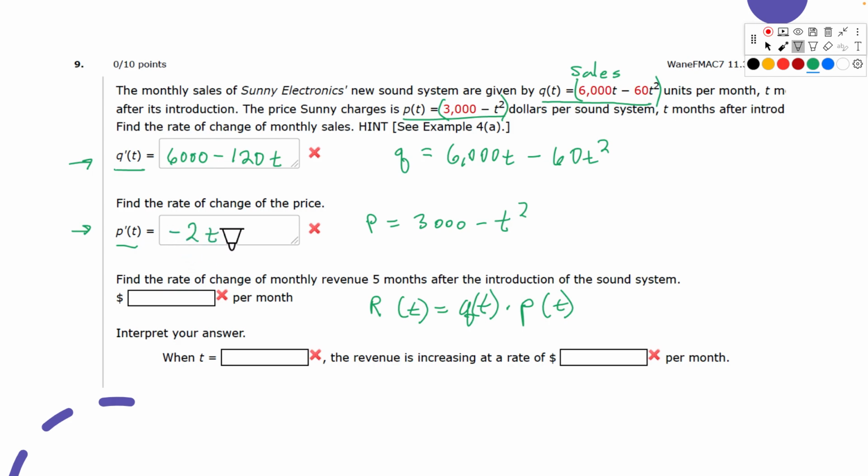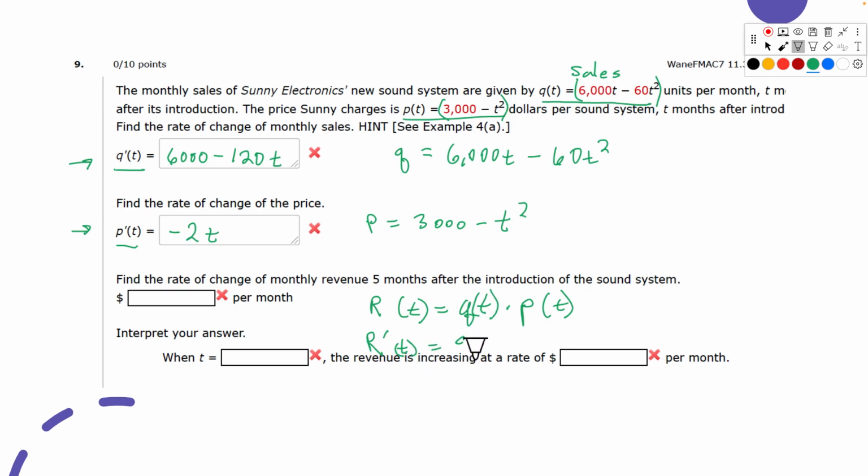See? I can't always talk right, or sometimes I'm going into the future. So anyway, I've got my pieces here. They're kind of backwards, but what's the revenue going to be? It's going to be taking the derivative of the revenue function. It will be the first one.